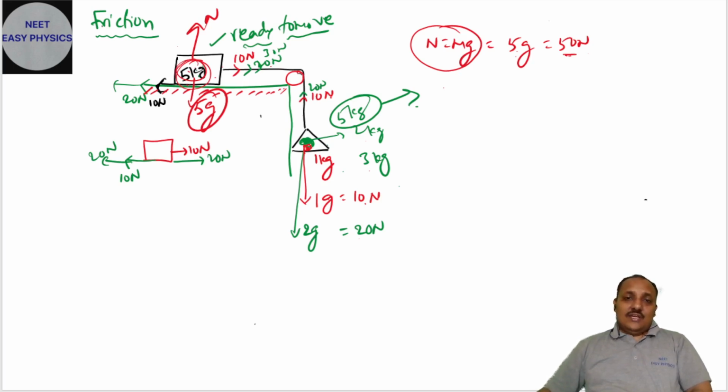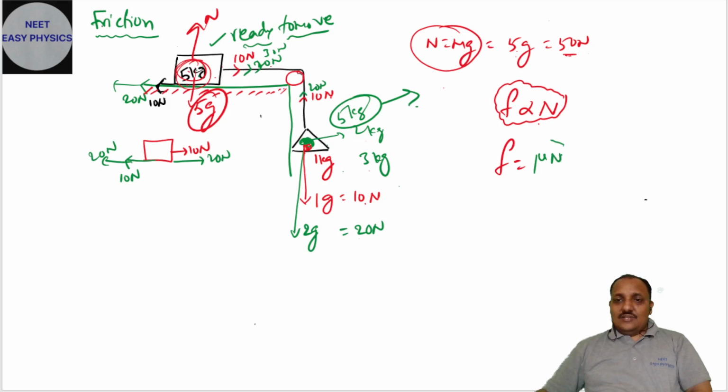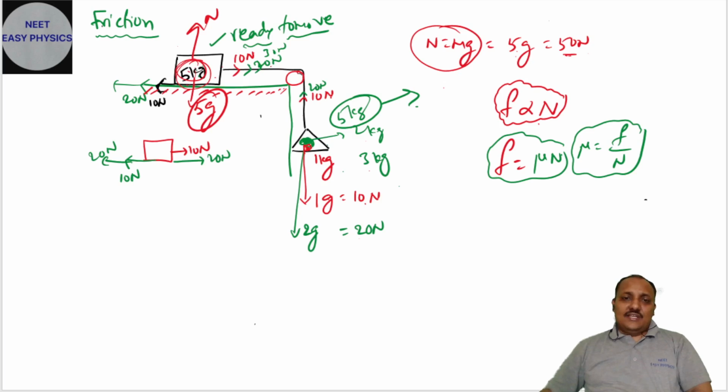So here, the applied frictional force is always directly proportional to the normal reaction. If you remove the proportionality symbol and introduce a proportionality constant, we write f equals mu N. What is this mu? The coefficient of friction. Friction we will have in 3 cases. Whenever the object is at rest, that friction we call static friction.